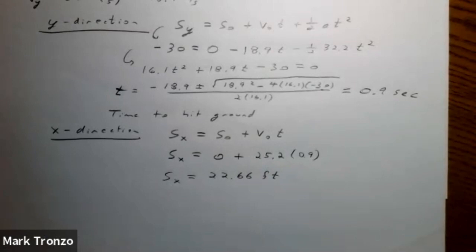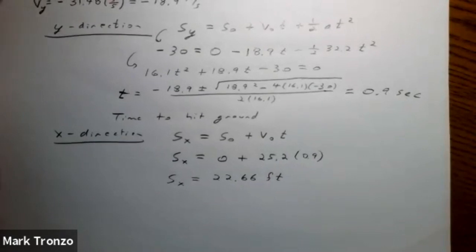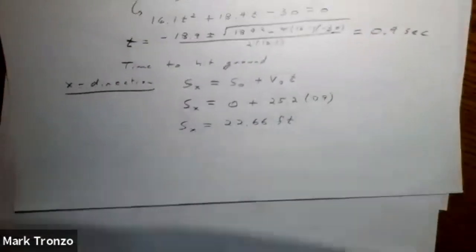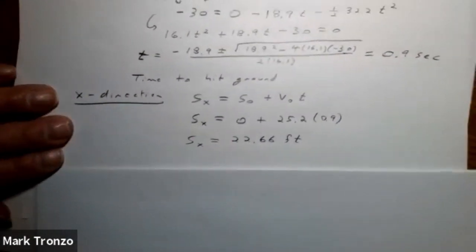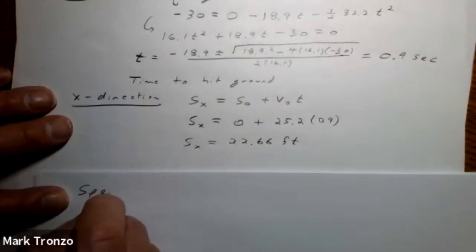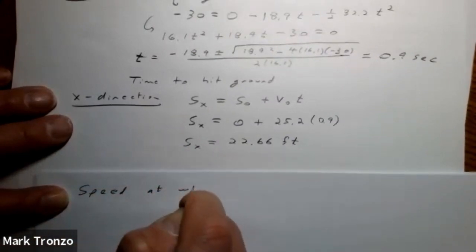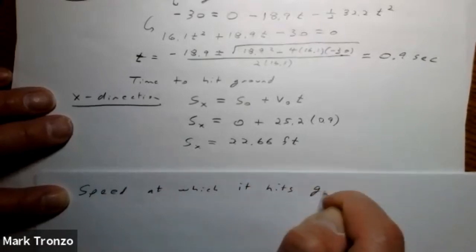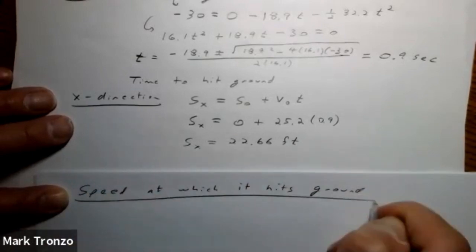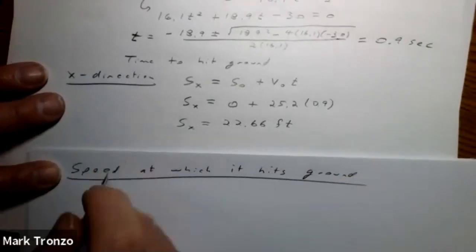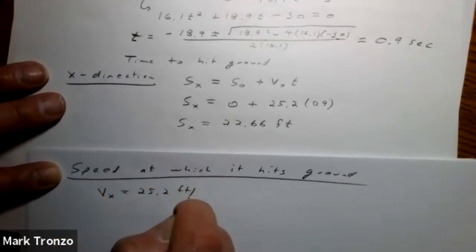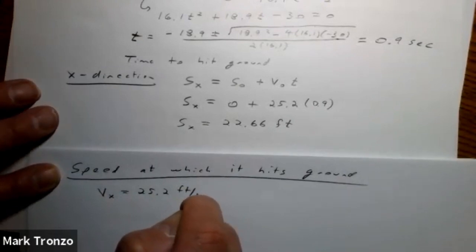I guess it also asks for the speed at which it hits the ground, so we'll have to find that. Now we know the x velocity is constant, so that was still 25.2 feet per second.